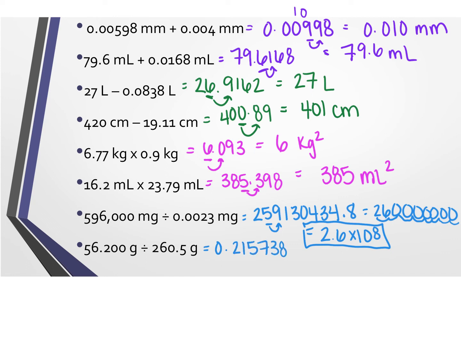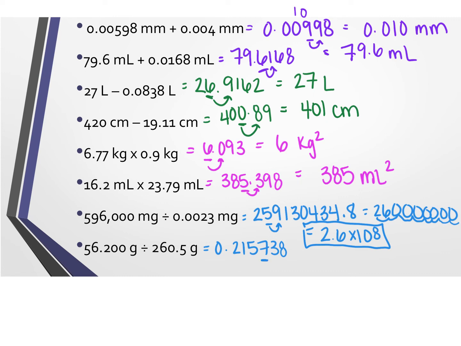Okay, that's probably enough. I hope that's enough. Okay, are we counting sig figs or decimals? Okay, how many sig figs in 56.200? Okay, 5. How about 260.5? Okay, 4.